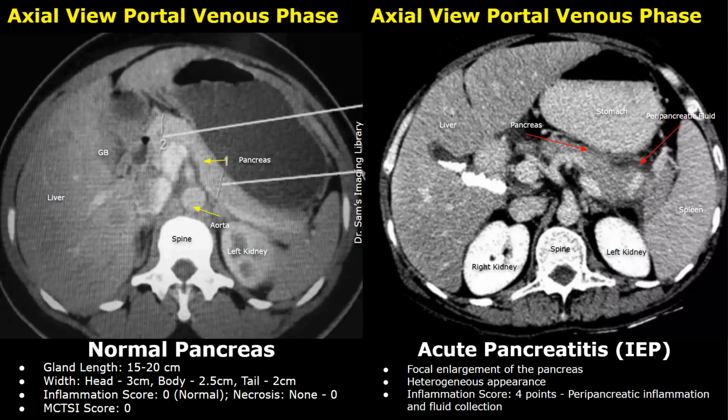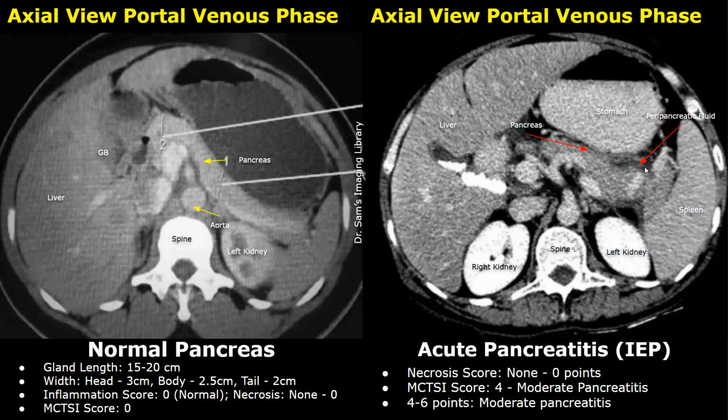Whether it is fluid collection or fat stranding, the inflammation score will be 4. The pancreas can be seen enhancing. There are no signs of necrosis, so the necrosis score will be 0. The MCTSI score will be 4, that is moderate pancreatitis.